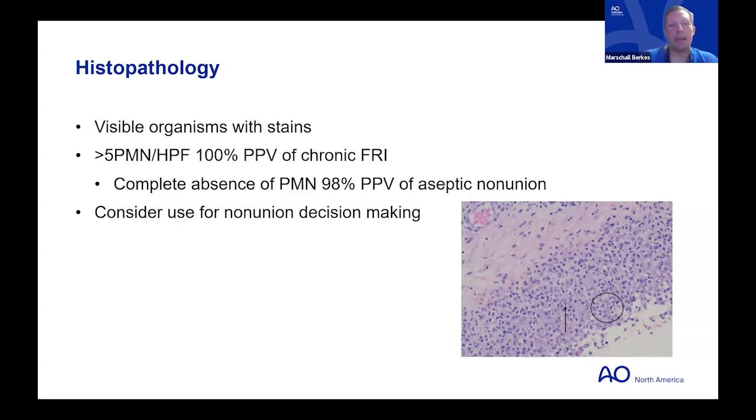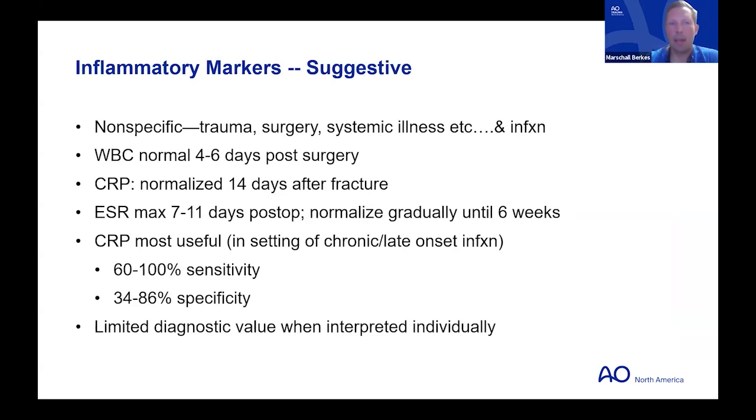So this seems to be potentially more useful in these chronic infection scenarios where you're taking somebody for a non-union operation. You're trying to figure out, is this infected? Is it not? Something you may want to consider. And on the flip side, if there's no signs of PMNs, then that would be quite promising that it is not infected.